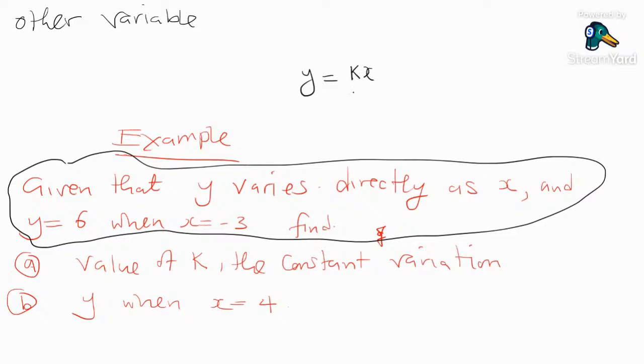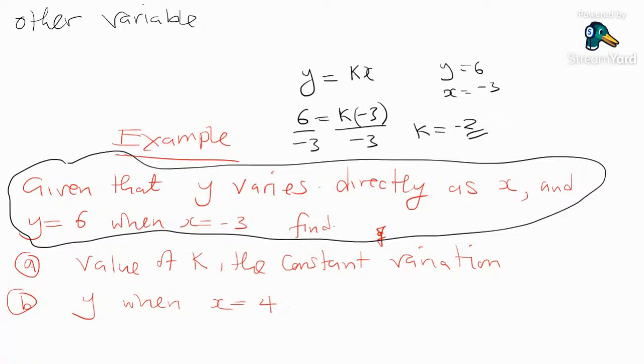Let us find k when y is 6 and x is -3. You just replace: 6 = k(-3). Divide both sides by -3, and you find k to be -2. That is our k. So that is for direct variation.